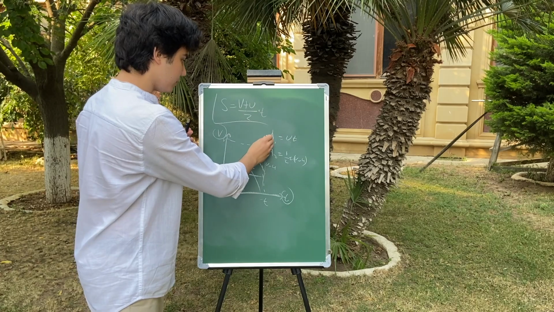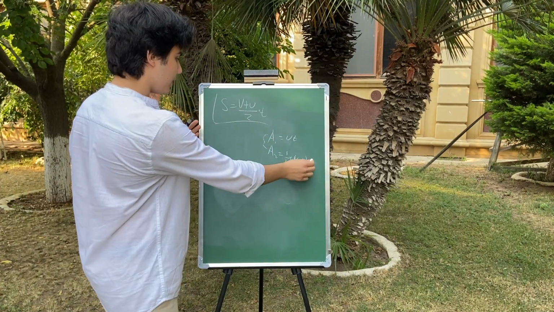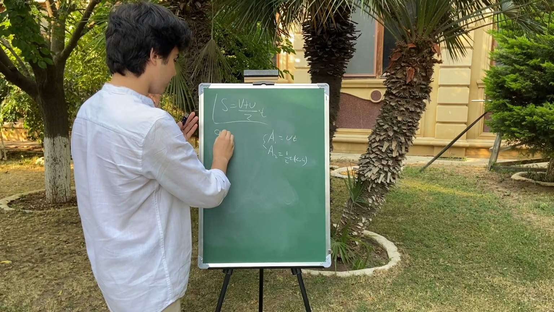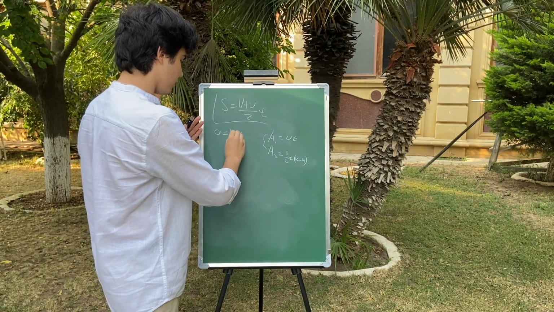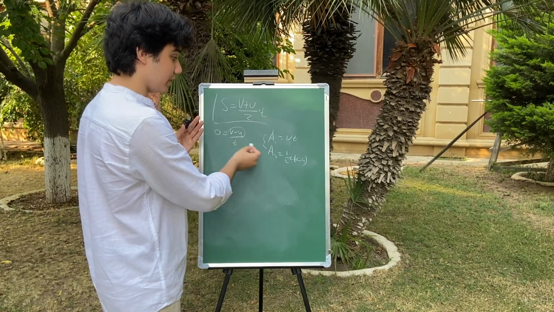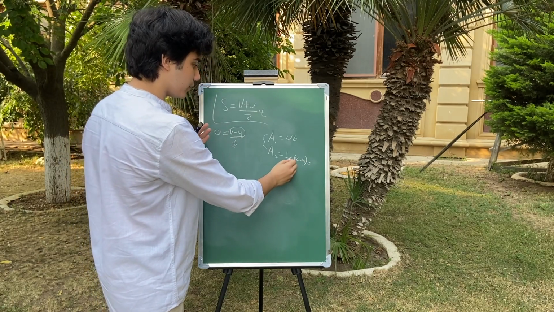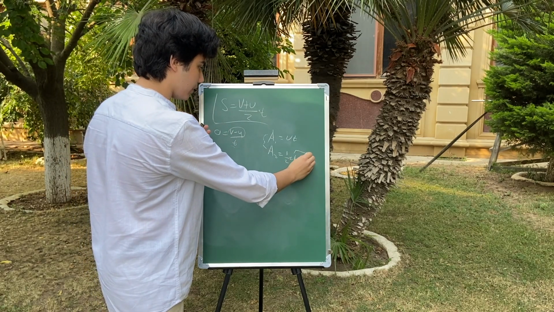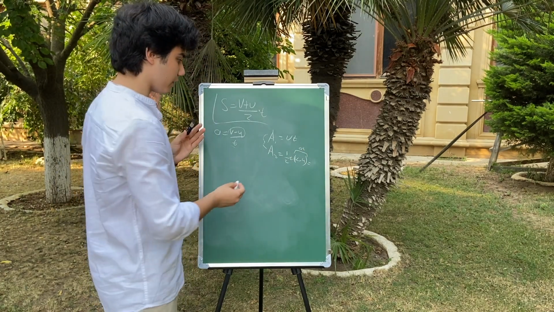And the total area is just the sum of these areas. As we recall from the acceleration formula, acceleration is v minus u over t. So we can deduce that v minus u is actually at. So this is going to be 1/2, and since this right over here is at, it's going to be 1/2 at squared, right?